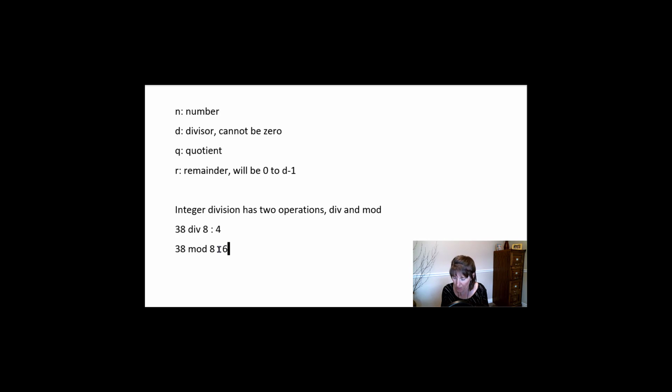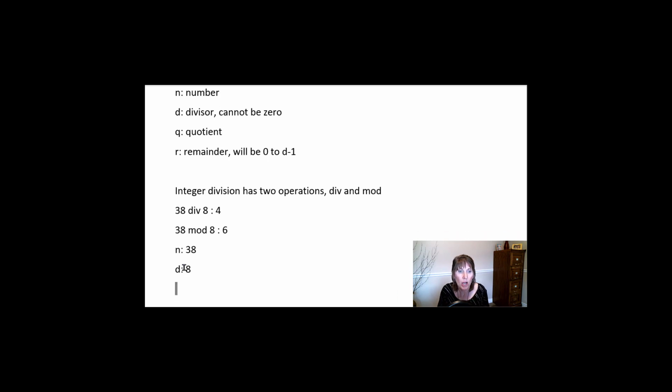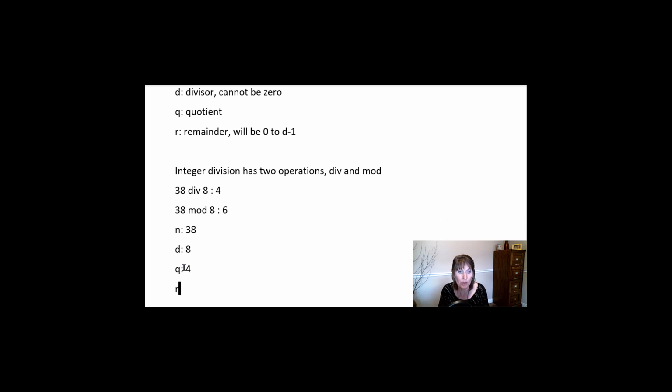And this is the way that you can test it. Let's identify these values. Our number is 38. Our divisor is 8. Our quotient is 4, and our remainder is 6.